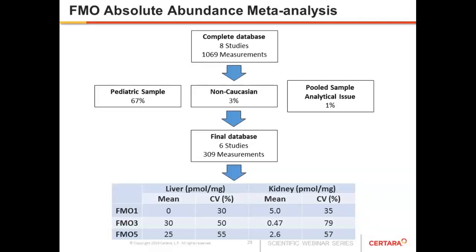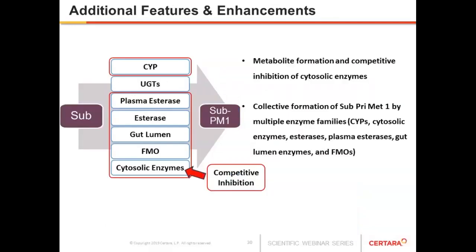So finally, we're looking at a few additional features and enhancements. Firstly, we're going to allow in version 19 metabolite formation and competitive inhibition of cytosolic enzymes. So in version 19, it will be more convenient for the users if they want to model metabolite formation or DDIs mediated by cytosolic enzymes.